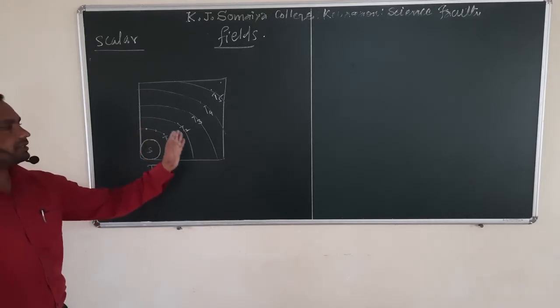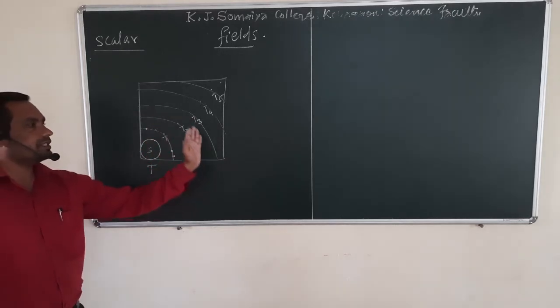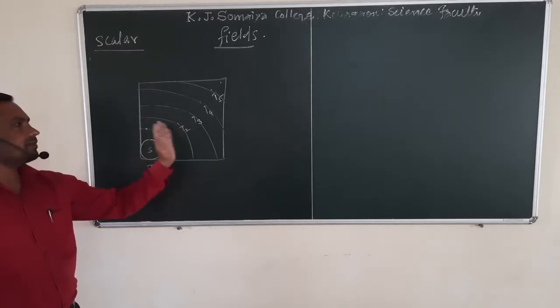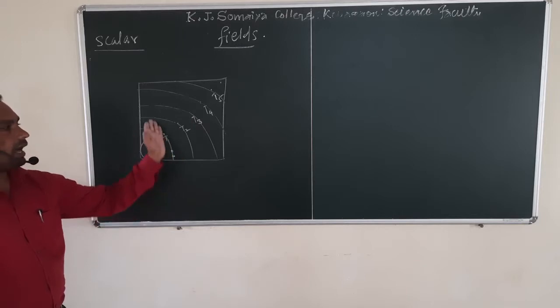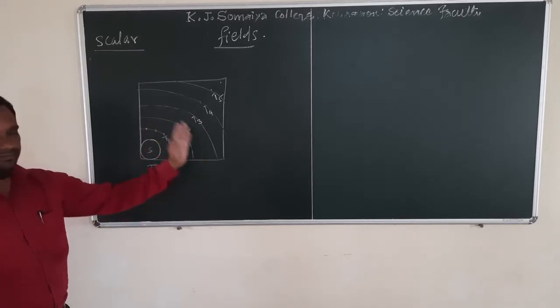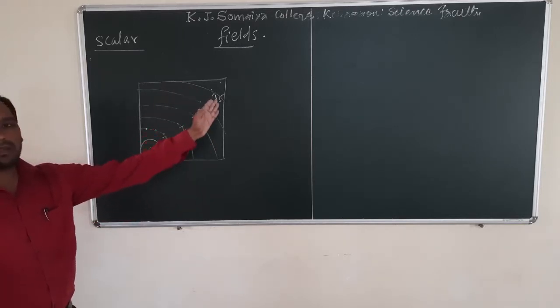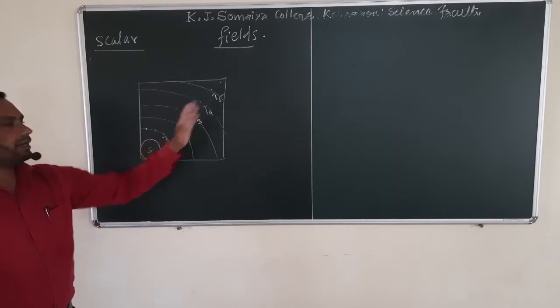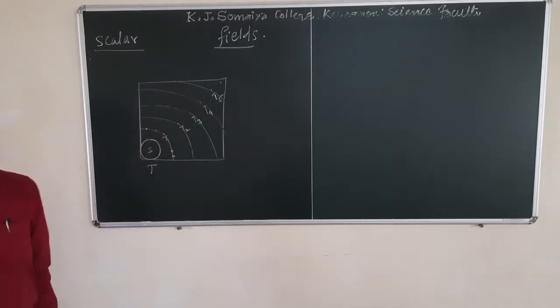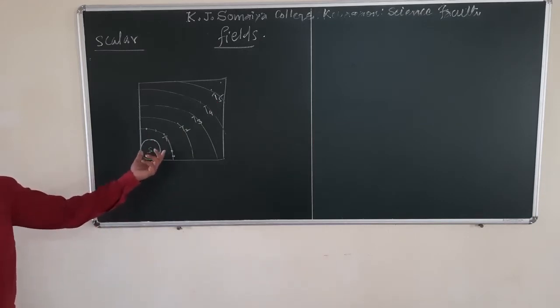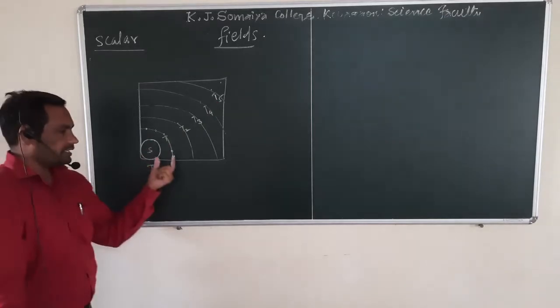Again, on this surface, temperature is constant, which is T2. On this surface, temperature is constant, which is T3. So here we have isothermal surfaces, around which temperature is constant. These are also known as equipotential surfaces.